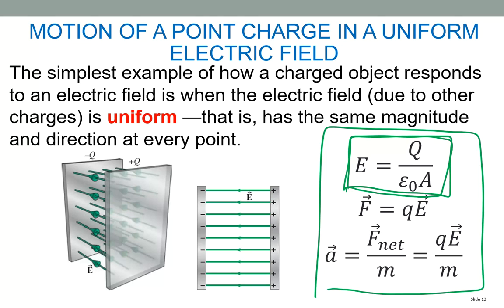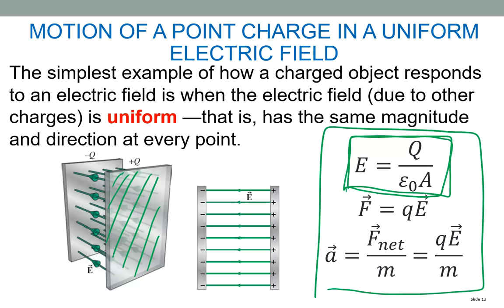So what's the A stand for? A is the surface area. So A is this area right here. And M is the mass of an object you put in between the 2 plates. And so if we have these 2 plates, it creates an electric field. And then if I introduce a charge of mass M and charge Q, for instance, an electron, that's what you have in your homework problem, then the net force divided by the mass is equal to the acceleration.